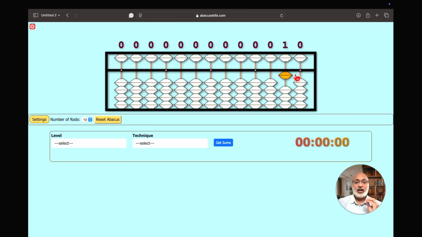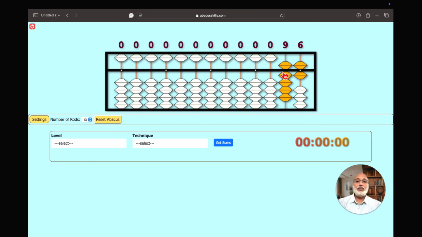So, the value becomes 10. Now, what is the value? 11. Now 13. Now 18. Now 68. Now what is the value? It's 96. Like this, you can do calculations.